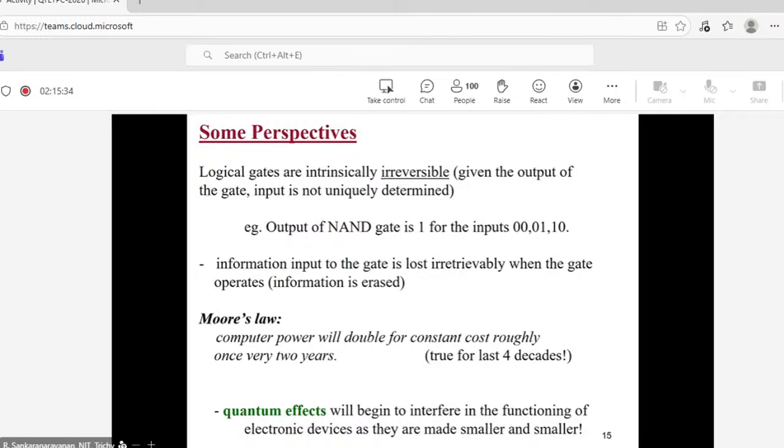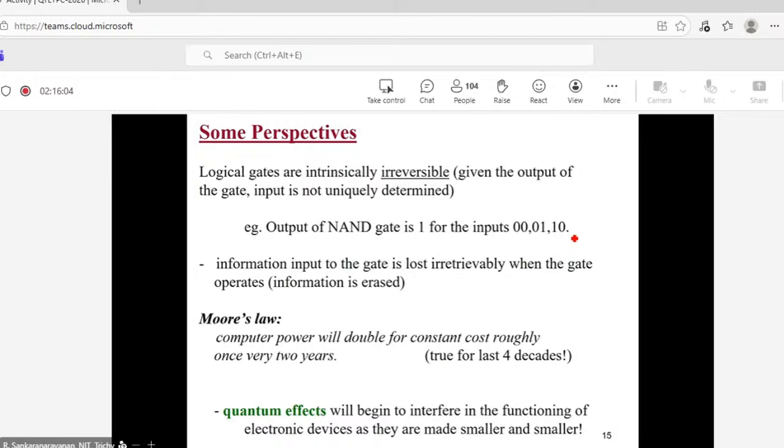Right. Here I just want to make a note of some observations about the gates. The logic gates which I just mentioned are all intrinsically irreversible. What do I mean by that? If you have two inputs for the NAND gate, the output will be either 0 or 1. If the output of the NAND gate is 1, the input could be either 0, 0 or 0, 1 or 1, 0.